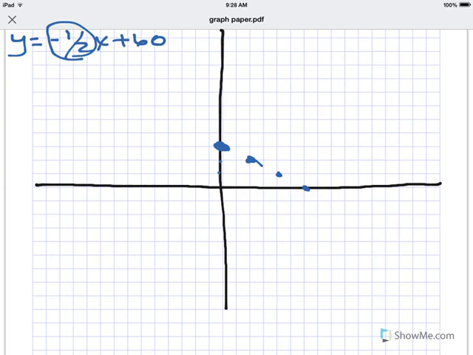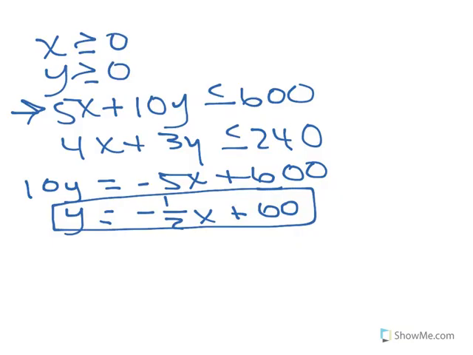So when I look at my inequality, let's go back and look at it. The first inequality that we had was 5x plus 10y is less than or equal to 600. When I take a look at this inequality, my inequality has to be less than or equal to 600.